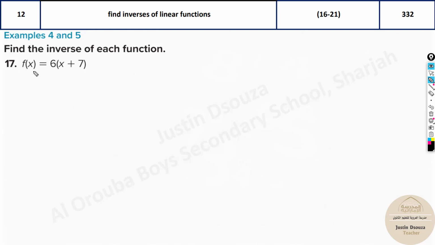We can leave it like this, because if you're doing the method, it is y equals 6 of x plus 7. Swap the y and x, it will be x equals 6 of y plus 7. Now solve for y. So take this to the other side. It will be divided by 6. Oh, now I realize, yes, it's better to multiply this inside, because otherwise it will need an LCM.